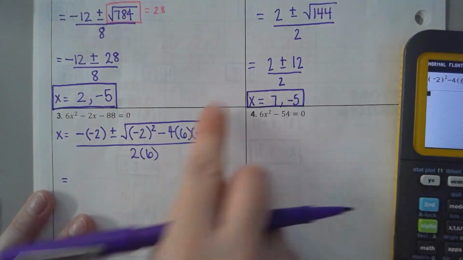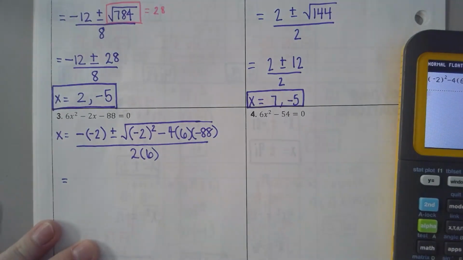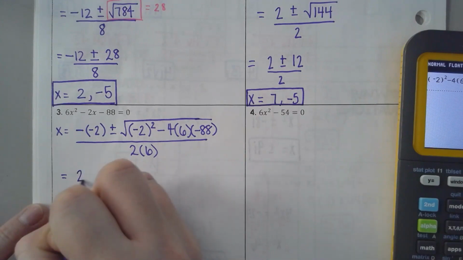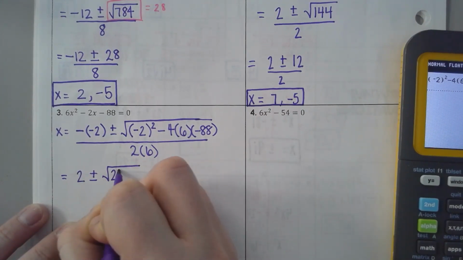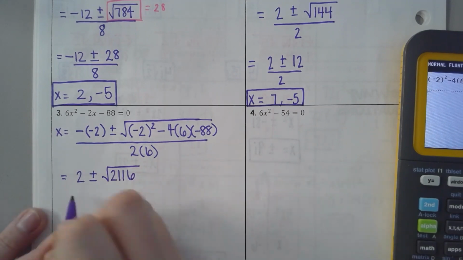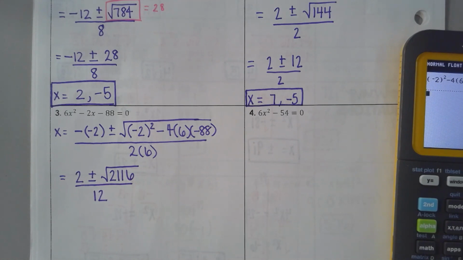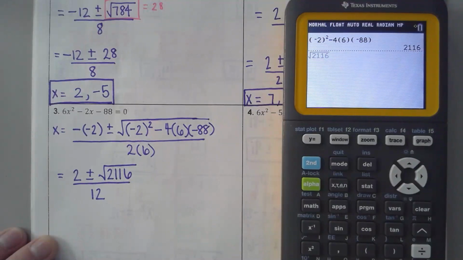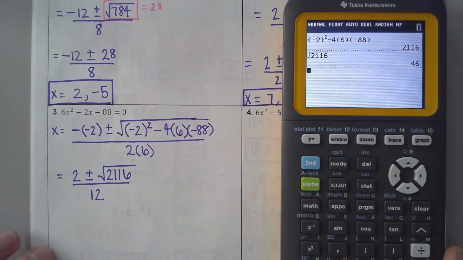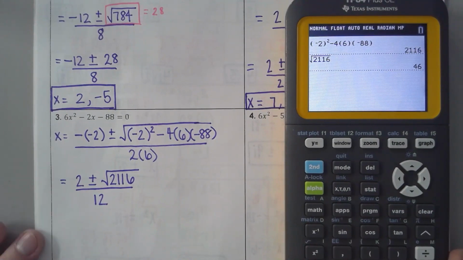So when I type in and get my discriminant, I get 2,116. So I have 2 plus or minus the square root of 2116 all over 12. And that is a perfect square. The square root of 2116 is 46.